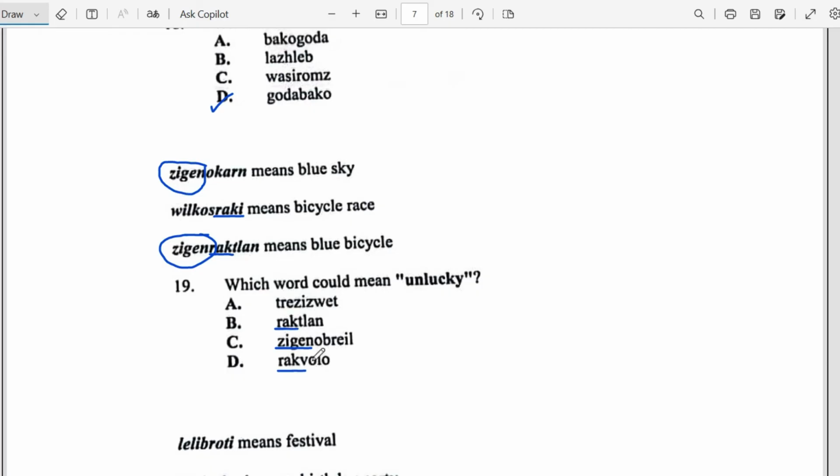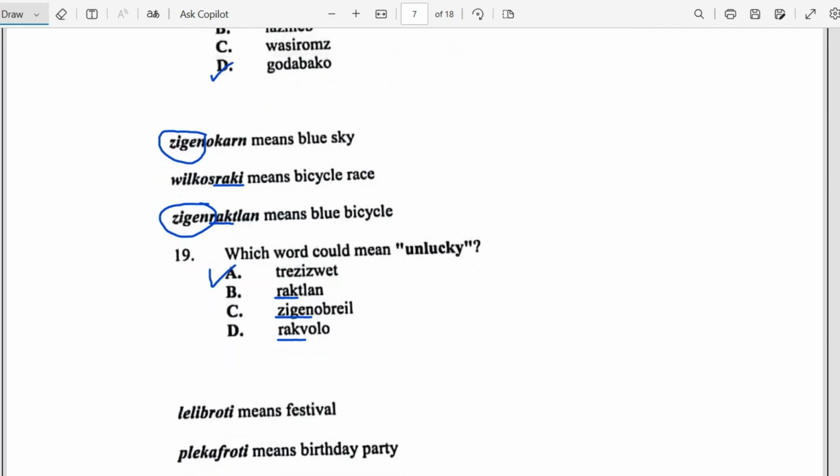So therefore, we can assume that A is unlucky because it has none of those words in it. This was a bit different from what we have looked at before in the past papers. We haven't had an artificial language question with the word not in one of the artificial words. But that's how we would approach that question.